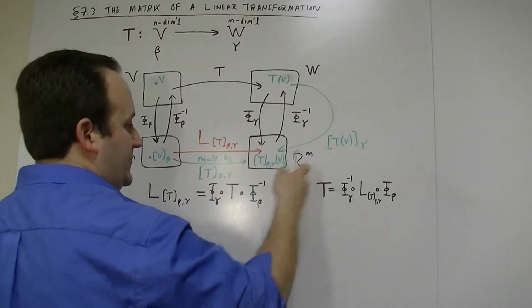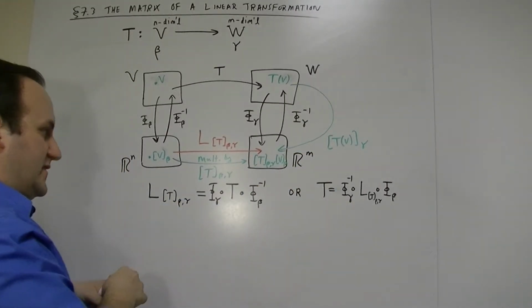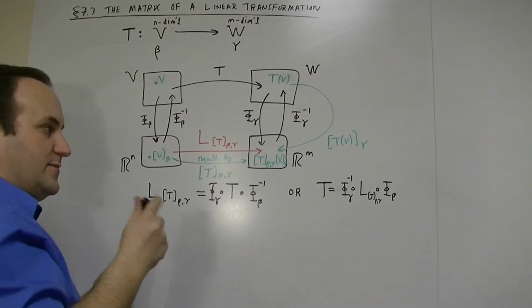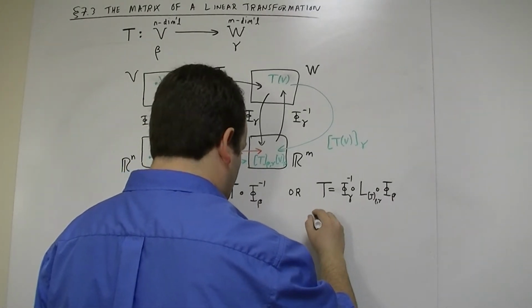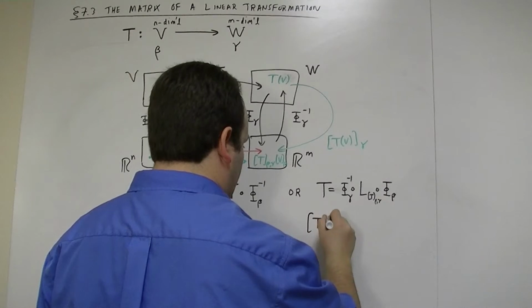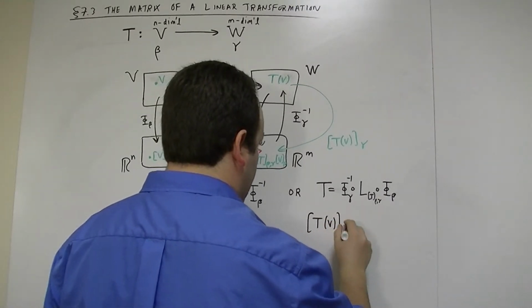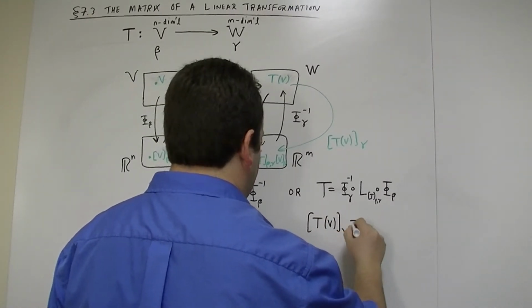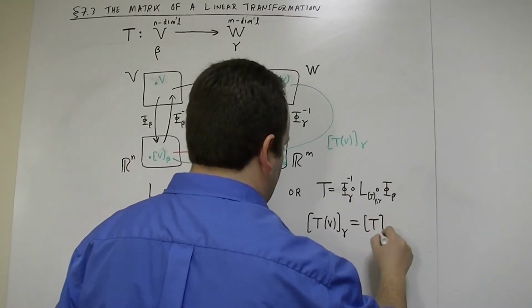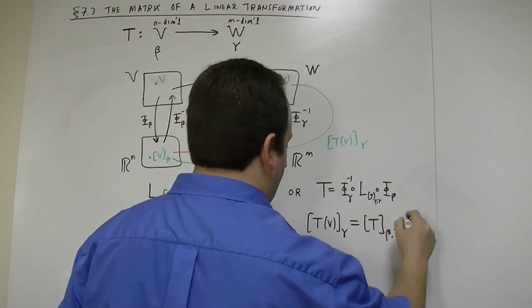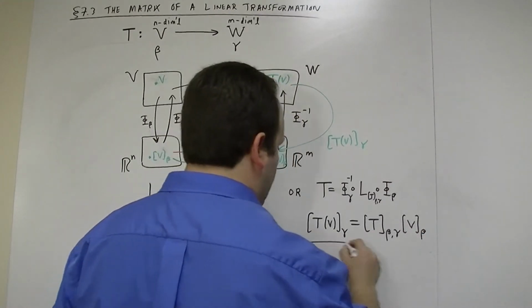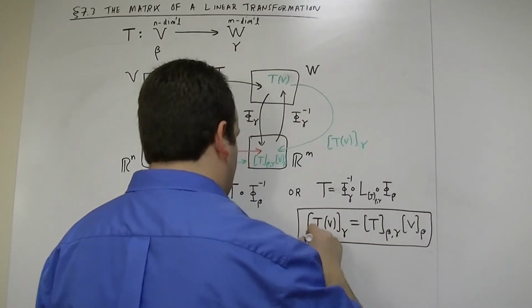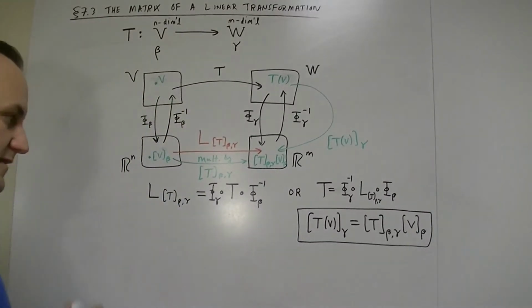But these two things have to be equal. So another way of defining this, and this is often actually how I calculate specific examples for you guys, is this: the gamma coordinate of Tv is equal to the matrix T beta gamma acting on the beta coordinate vector v. So this is often how I actually think about calculating things.